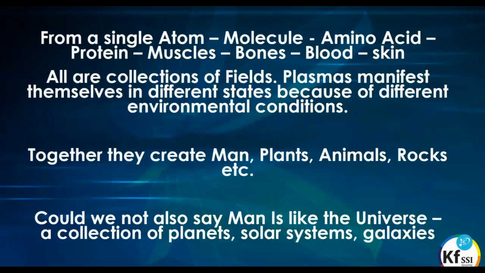And together they create the man, the planets, the animals, the rocks, whether it's our sun, the solar system, our galaxy or universe. And when we look at just the way that we are made up, could we not say that man is like the universe? It's just a collection of planets, solar systems, and galaxies. So, it really puts into perspective what we've often heard of, as above, so below.